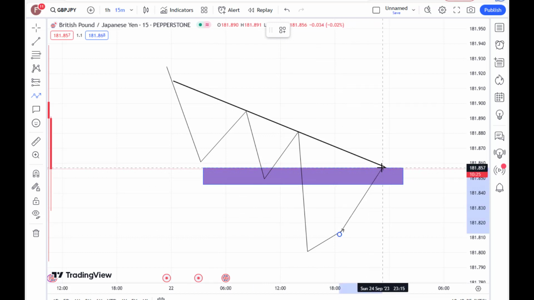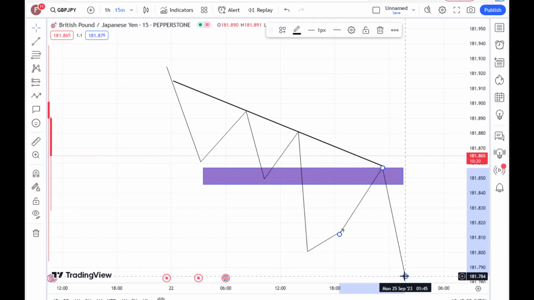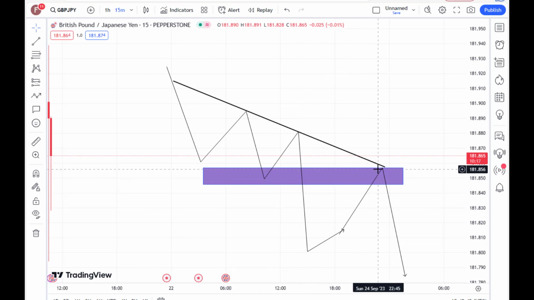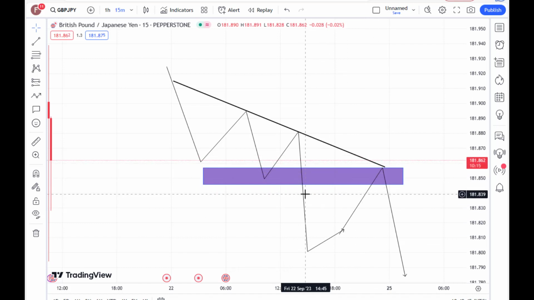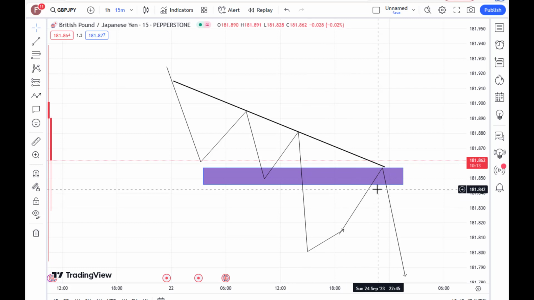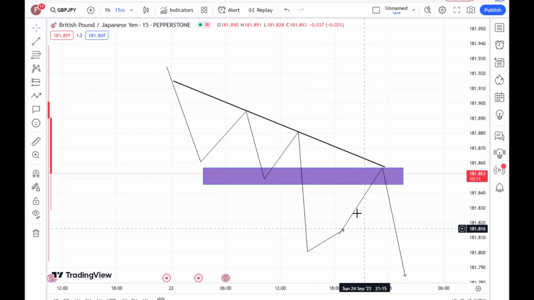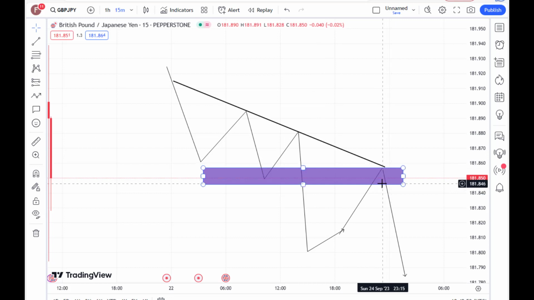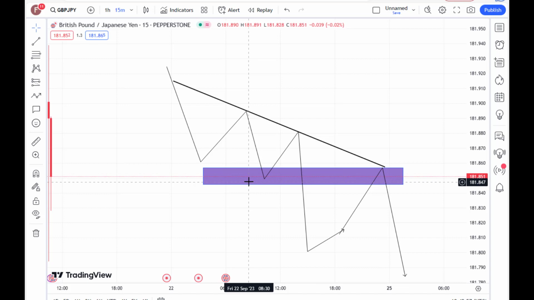When it gets rejected, I take my sell setup, because price broke through a zone and it comes back to reject. I know when price breaks through a zone which was a support, it automatically becomes a resistance. And now I have two confluences because it is at the same trendline zone and it's also a resistance. This gives me a high confirmation of entry, and that is exactly what happened here.